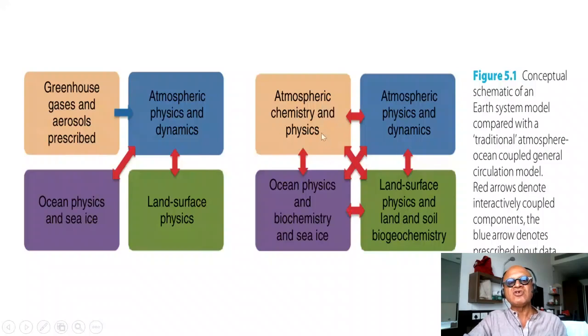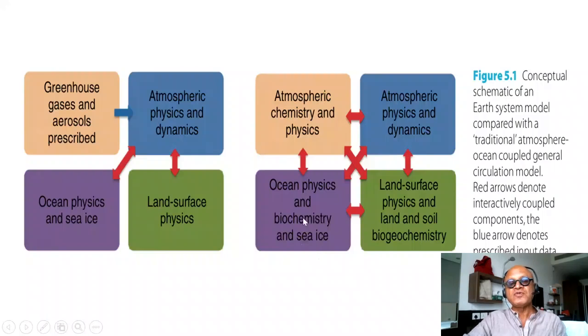add chemistry and physics, so this is not a diagnostic or prescribed quantity anymore, and you still have atmospheric physics and dynamics, but here you are going to add some sort of soil biogeochemistry, maybe dynamic vegetation or prescribed vegetation which is interacting with the water cycle and biogeochemical cycle, so the biophysical and biogeochemical feedbacks that we talked about, with either a full dynamic vegetation model or a simplified vegetation model.